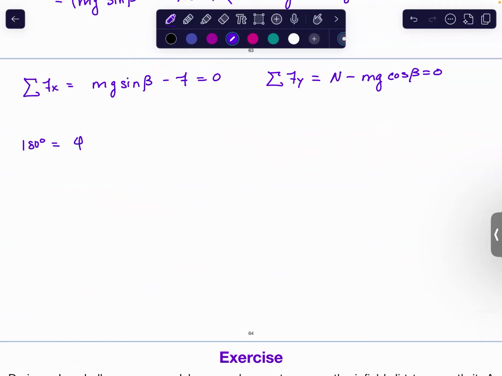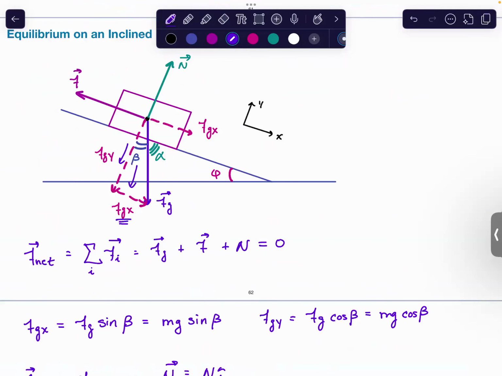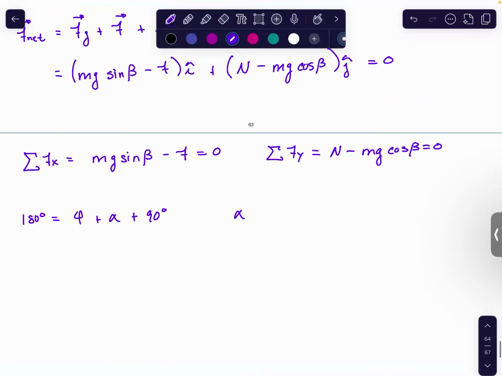That's going to be phi plus alpha plus 90 degrees gives 180. And then alpha and beta share a 90-degree angle, which is right there. So alpha plus beta equals 90 degrees, or beta is 90 minus alpha.